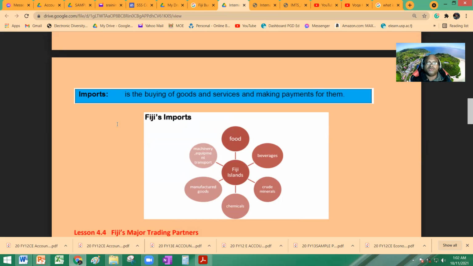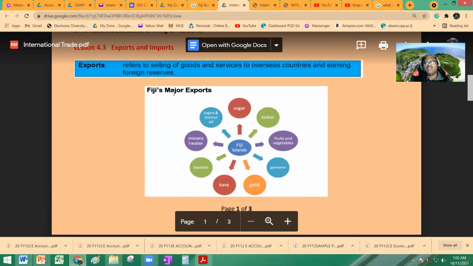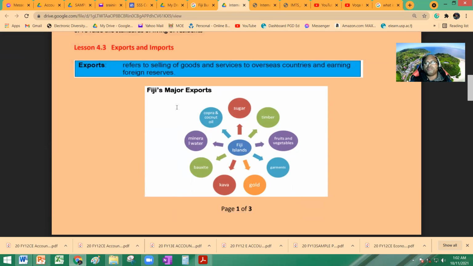So do not be confused when you say what is import? It's buying. What is export? It's selling overseas. When you sell, you earn foreign exchange. When you buy from overseas, you pay through foreign exchange.